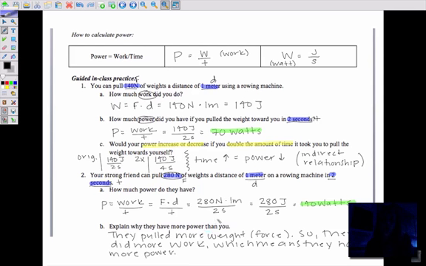So if weight increases, which means force increases, that means work increases and power increases. This means that force, work, and power have a direct relationship.